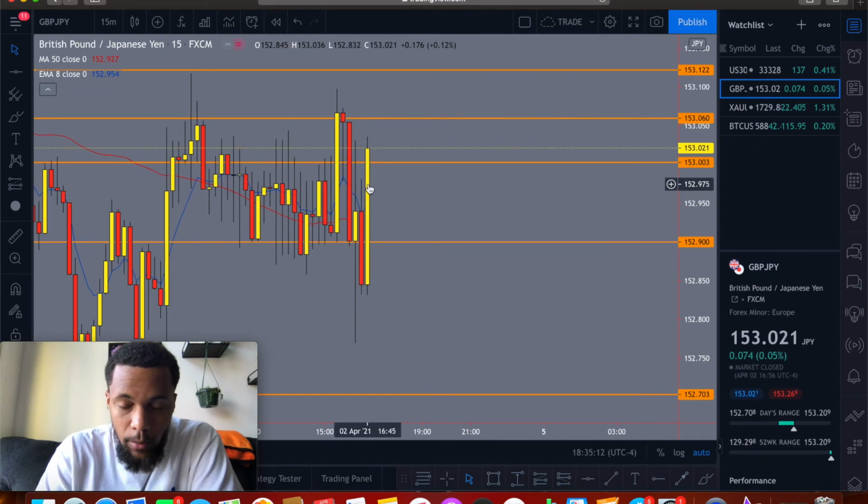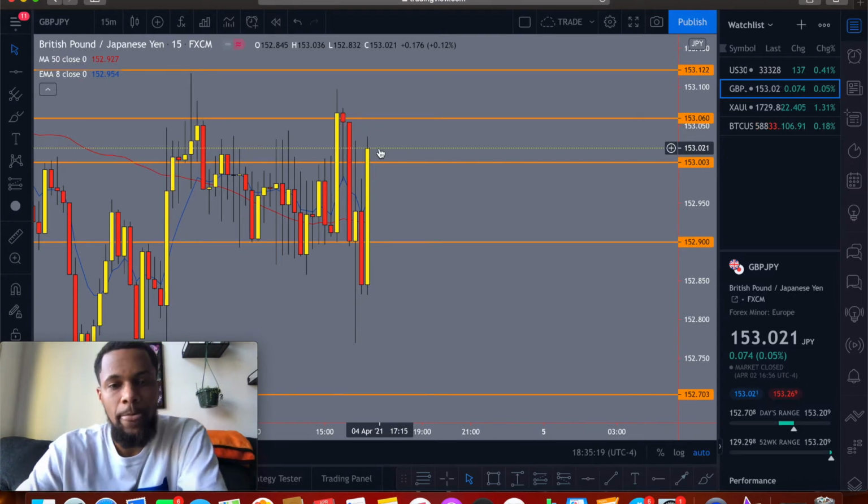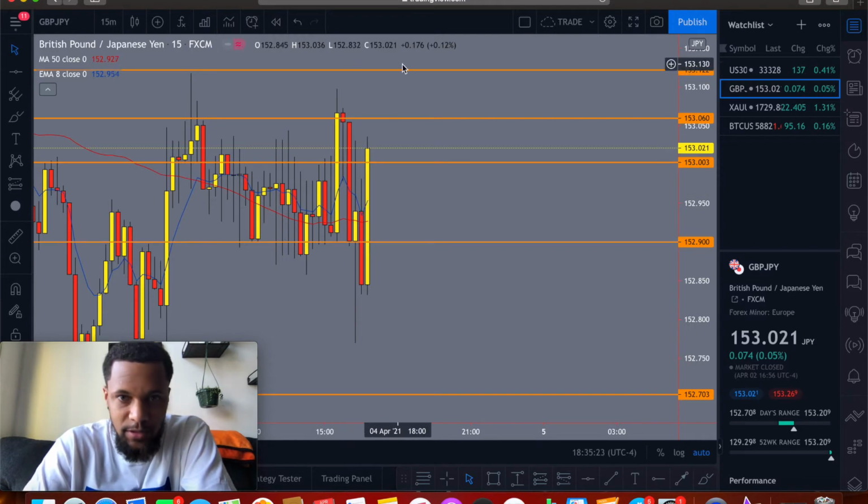Where is price currently? Price is at 153.02, right? So now if I'm looking to buy, I have these little lines marked up. These are important areas, clearly.